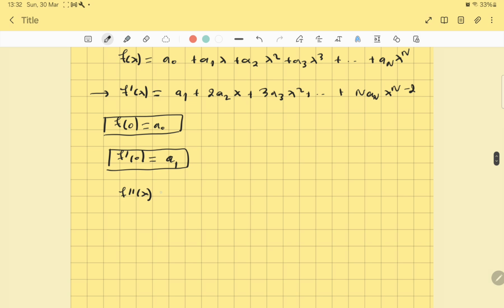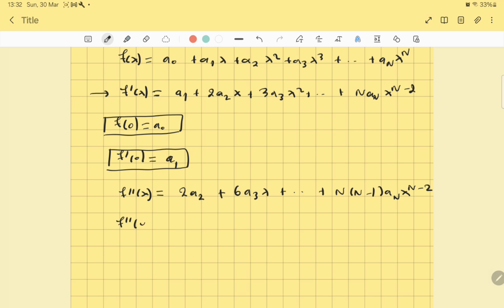f double prime of x is what? The derivative of a constant function is 0. Then I just have 2a2 plus 6a3 x plus n minus 1 an x to the power of n minus 2.